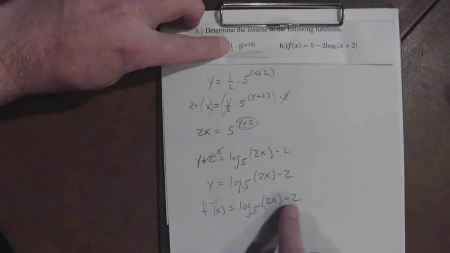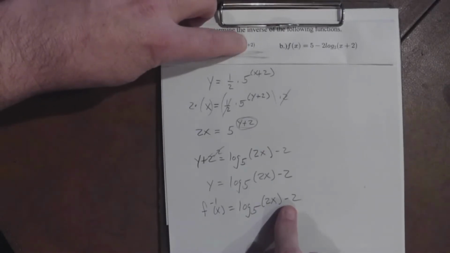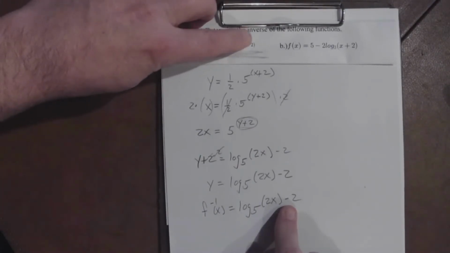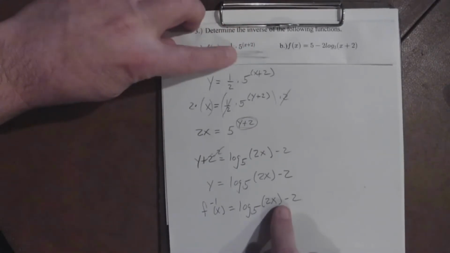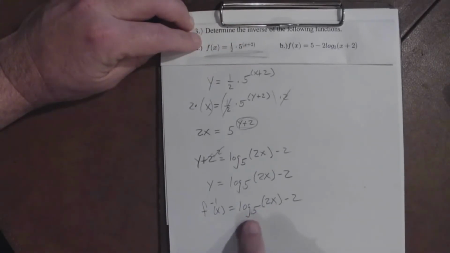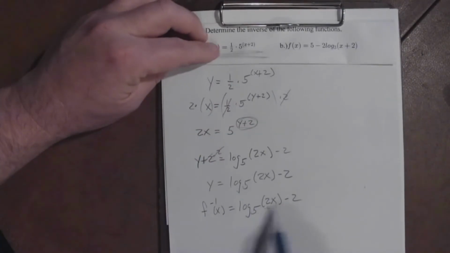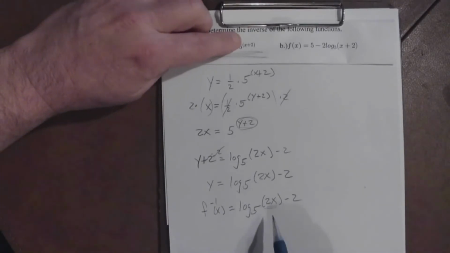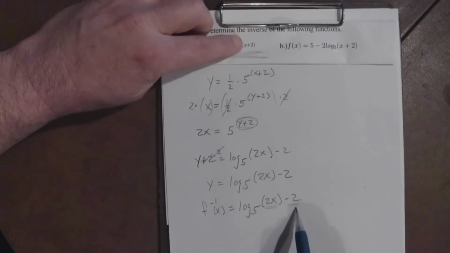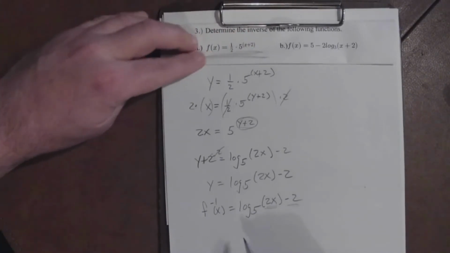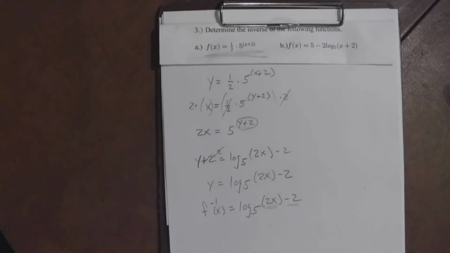Right? What's the inverse of subtracting 2? Adding 2. And what's the inverse of raising to an exponential power of base 5? Is a logarithm of base 5. Right? And notice the order in which those are happening. This is inside the function, this is outside. This is inside the function, this is outside. Right? There's that inverse order of behavior.